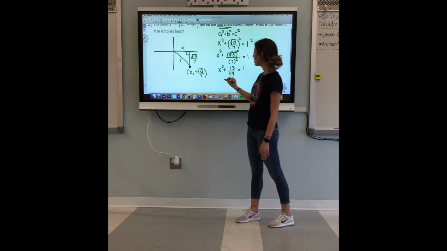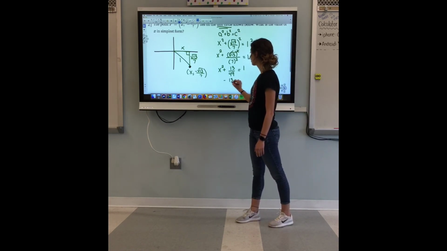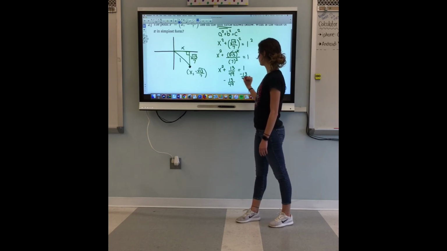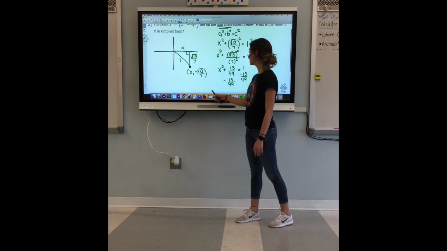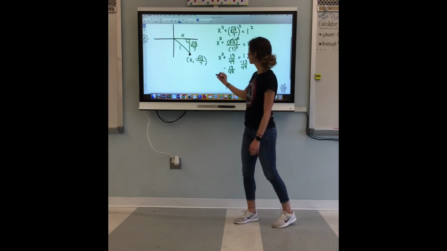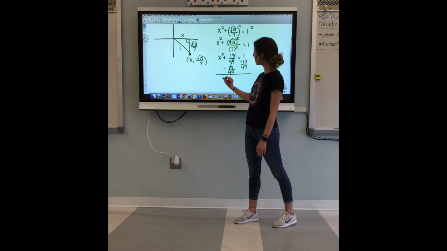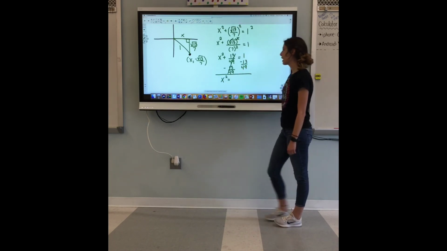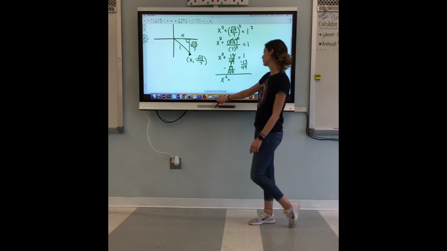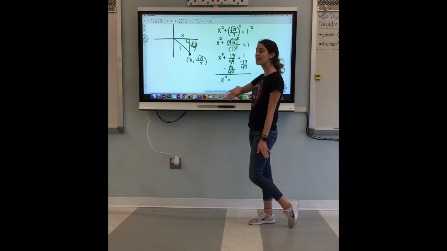Now, to solve, we're subtracting 13 over 49 on both sides. When we do that, we get x squared equals, and let's figure out what that's equal to once the calculator loads.